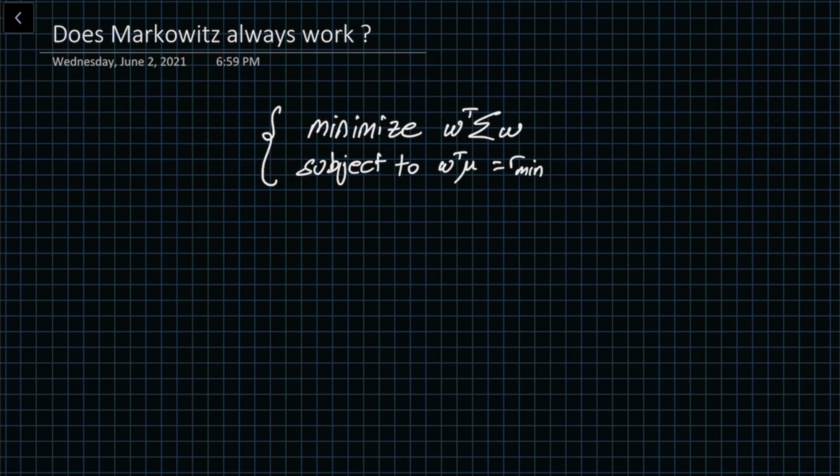So the Lagrangian right here is a function of W and a Lagrangian multiplier, let's say alpha, that is my cost W transpose sigma W minus alpha times the constraint, that is W transpose mu minus R min.